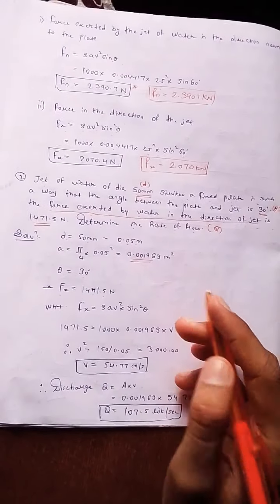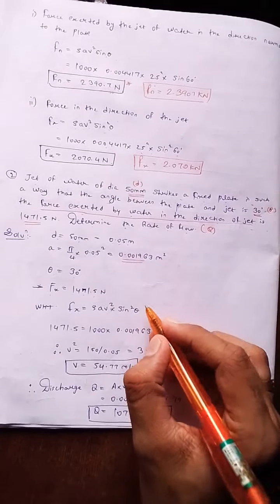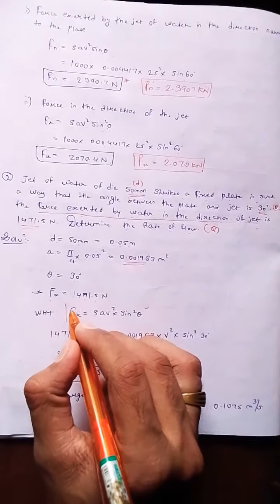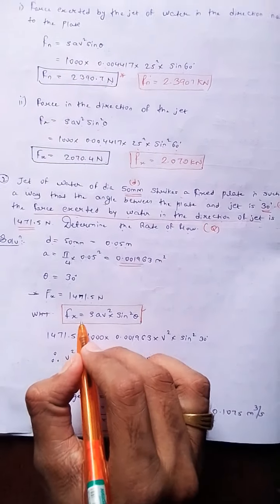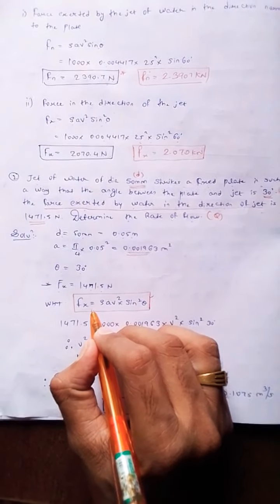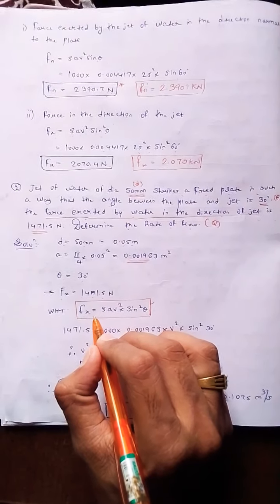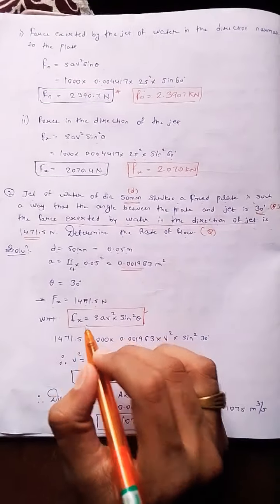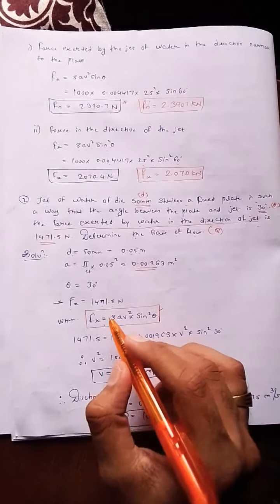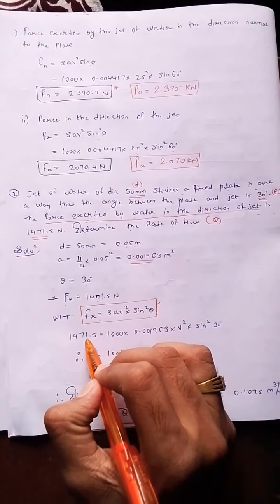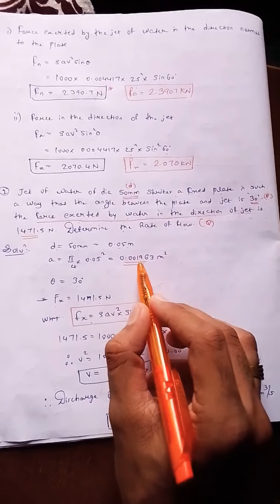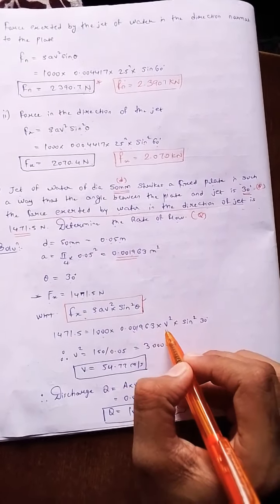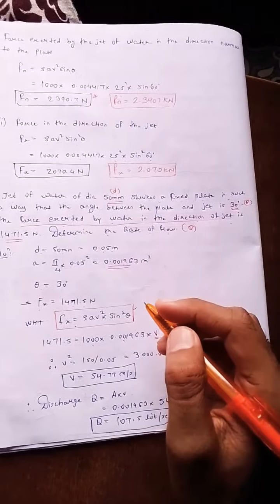So to find the value of Q, we will be using this equation. This is the equation of force exerted by the jet in x direction, correct? We have derived this equation in the previous video. So we will be putting all the values. So Fx, we have put the value of Fx, rho equals to 1000, area we have found out, and we have to find the velocity.